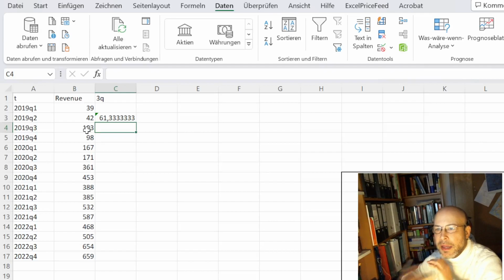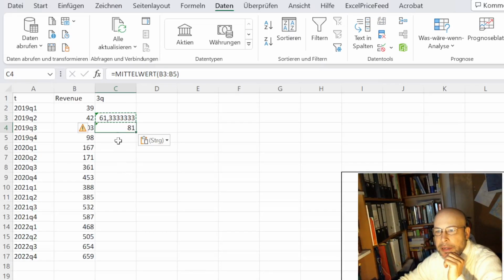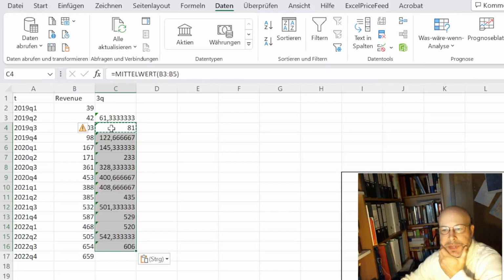Then we have here the average of 39, 42 and 103, and if we copy this data 1 forward, then 81 is just the average of 42, 103 and 98, and moving forward we then obtain all our moving averages.